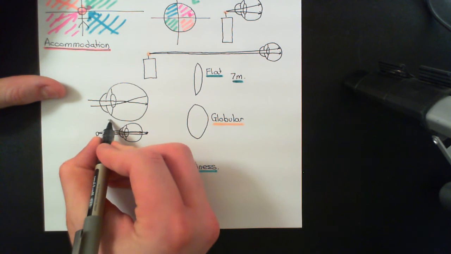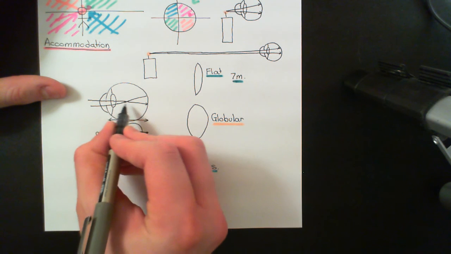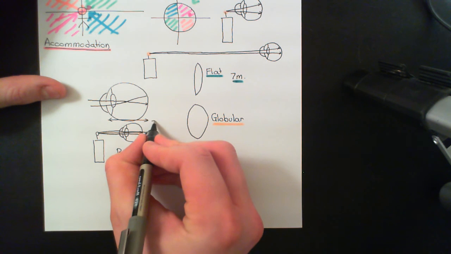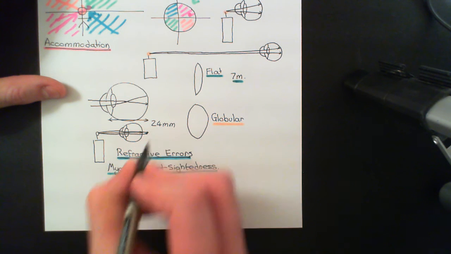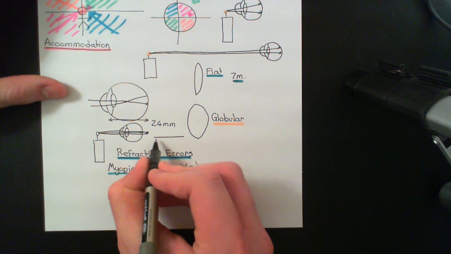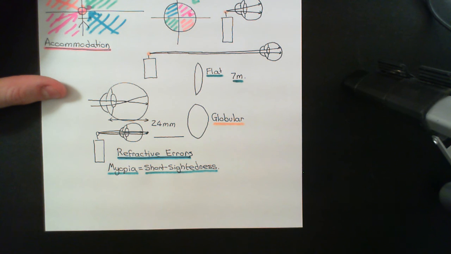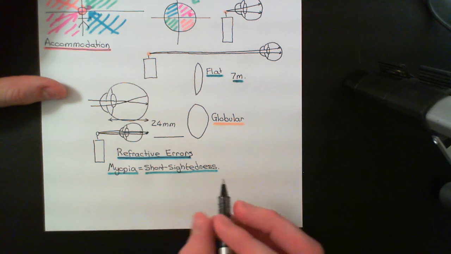So normally the diameter of the eye backwards, the distance from like the pupil here to the back of the eye here, that's usually around 24 millimeters, so 2.4 centimeters, so that sort of distance there. Whereas in short-sightedness, in people who are short-sighted or an eye that is short-sighted, what usually happens is the backward diameter of the eye is greater.